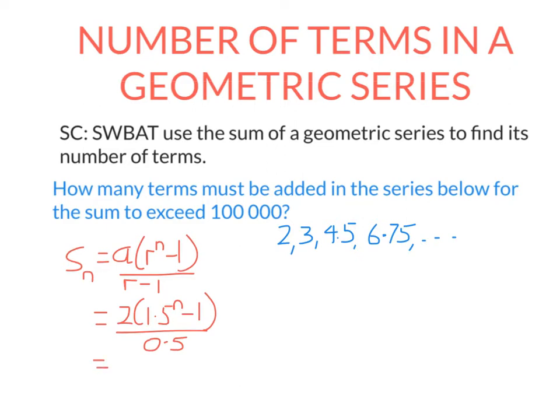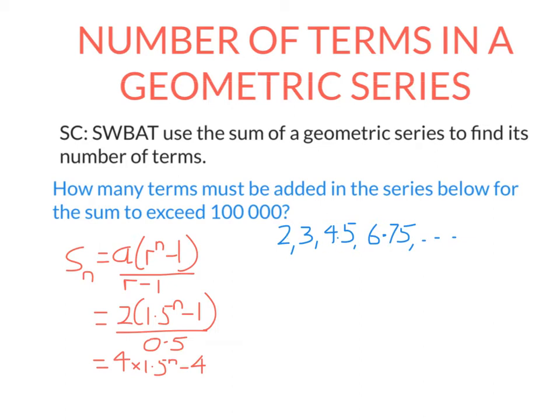So I get 2 divided by a half is 4. So I get 4 times 1.5 to the power of n minus 4. So that 4 here comes from 2 divided by 0.5 is 4. When I times by minus 1, I get minus 4. So this is a simpler way to write the sum of this particular geometric series.